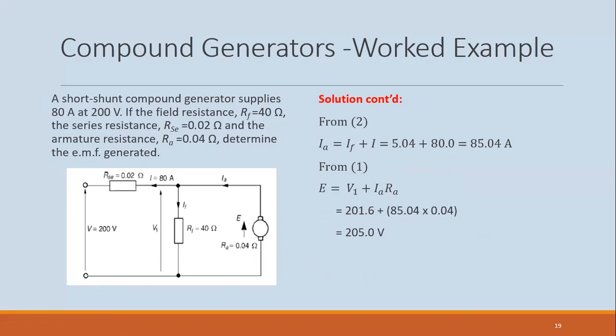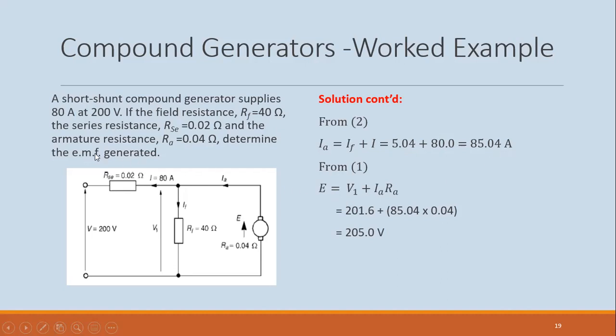All right, so we can work out what IA is equal to. IA will be equal to I plus IF, and IF was 5.04, I is 80, so IA now is 85.04.